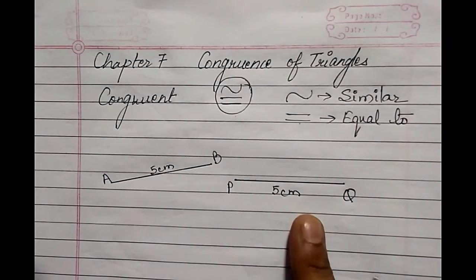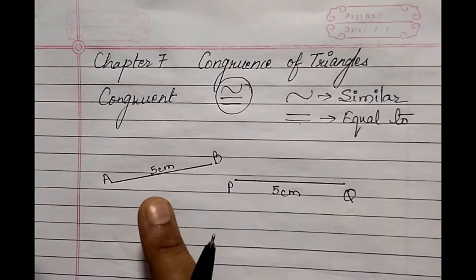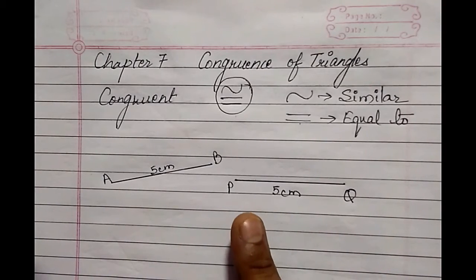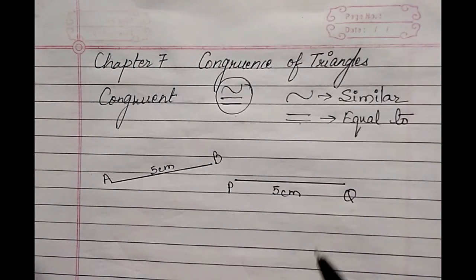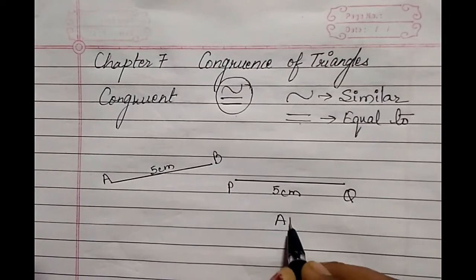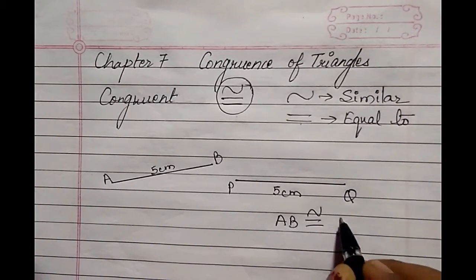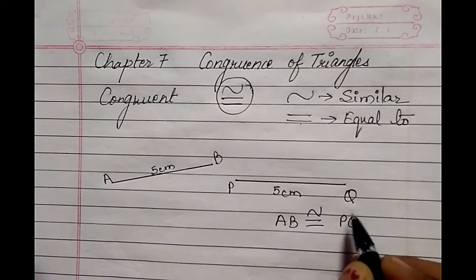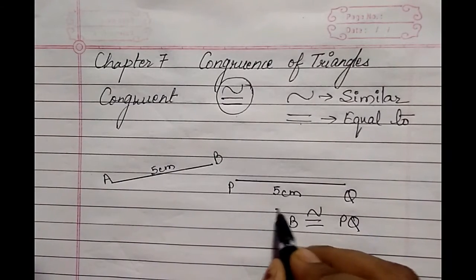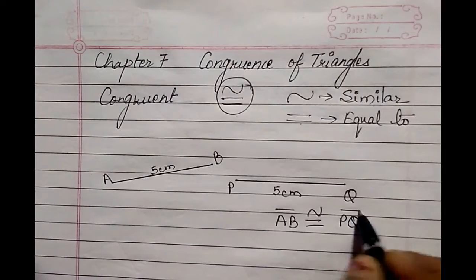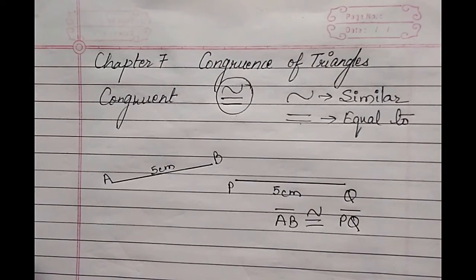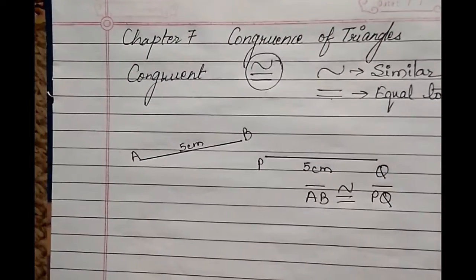Here both the line segments are the same shape and equal size. So we call them AB congruent to PQ. Since these are line segments, line segment AB is congruent to line segment PQ. This is only for line segments.